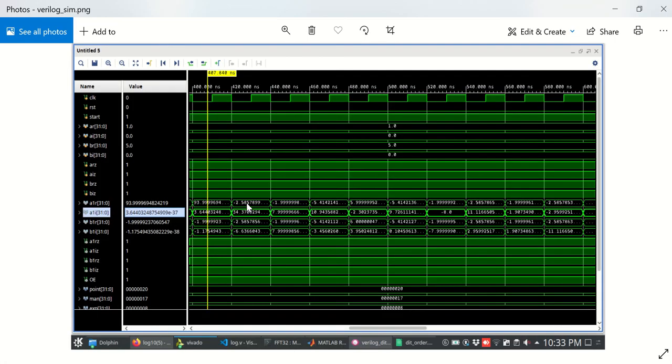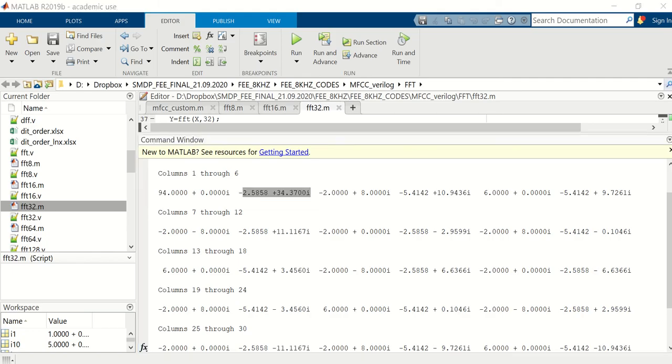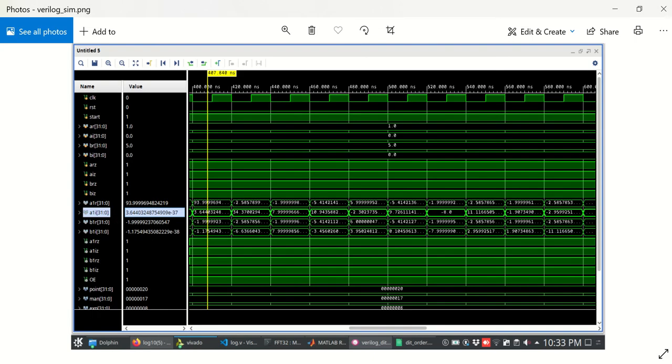So yes, the second set of A1R, A1I gives you the same, and this is till 16. The 17th output should be the same as the first set of B1R, B1I.